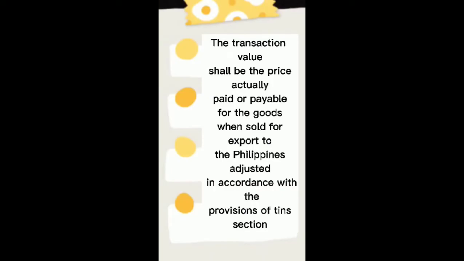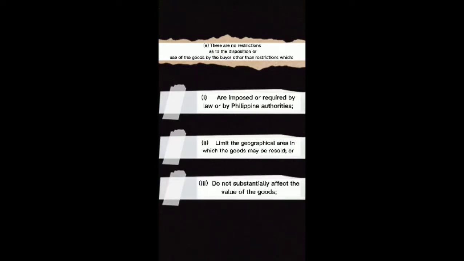Section 701, Transaction Value System or Method 1. The transaction value shall be the price actually paid or payable for the goods when sold for export to the Philippines, adjusted in accordance with the provisions of these sections, provided that there are no restrictions as to the disposition or use of the goods by the buyer other than restrictions which are imposed or required by law or by Philippine authorities, limit the geographical area in which the goods may be resold, or do not substantially affect the value of the goods.